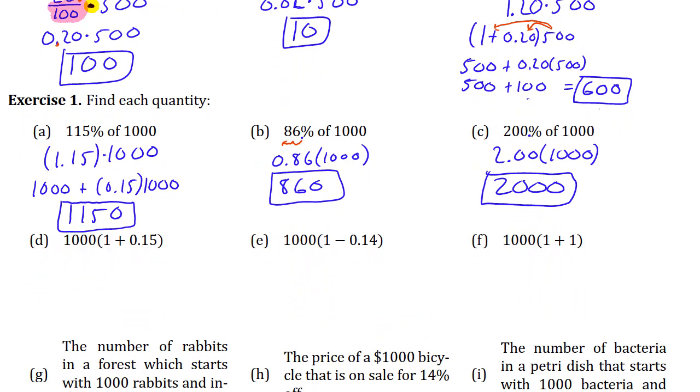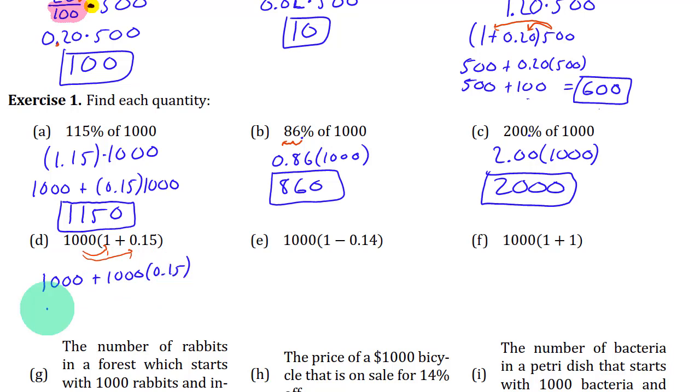Now I'm kind of giving this away. 1,000 times 1 plus 0.15. That's actually the same as the way I did it here. After you distribute the 1,000 in here, you'll get 1,000 times 1 plus 1,000 times 0.15.